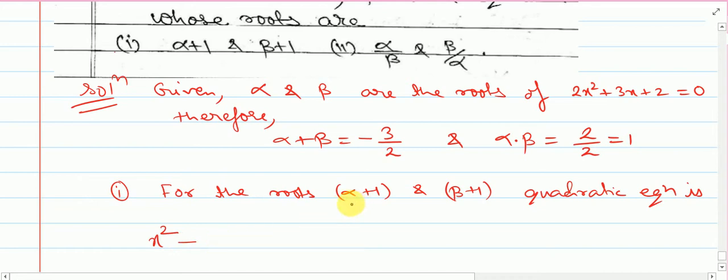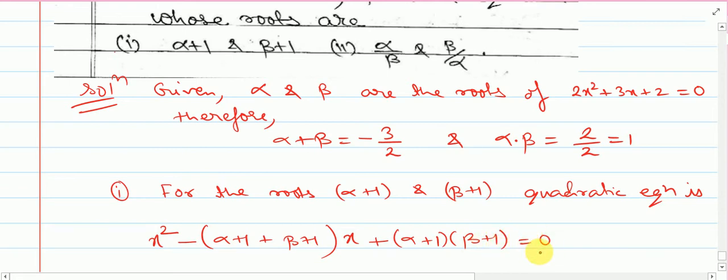So what are the roots? Alpha plus 1 and beta plus 1. So sum of the roots, that means alpha plus 1 plus beta plus 1. Here inside this I'm not writing bracket because you can see all are plus, so that would not affect. Then x and here plus and then product of the roots, that means I have to write alpha plus 1 into beta plus 1 is equal to 0.